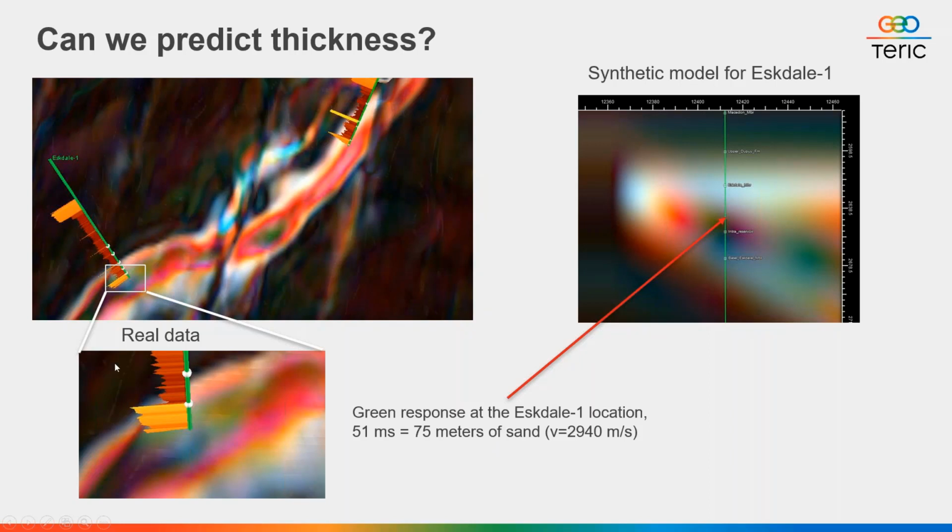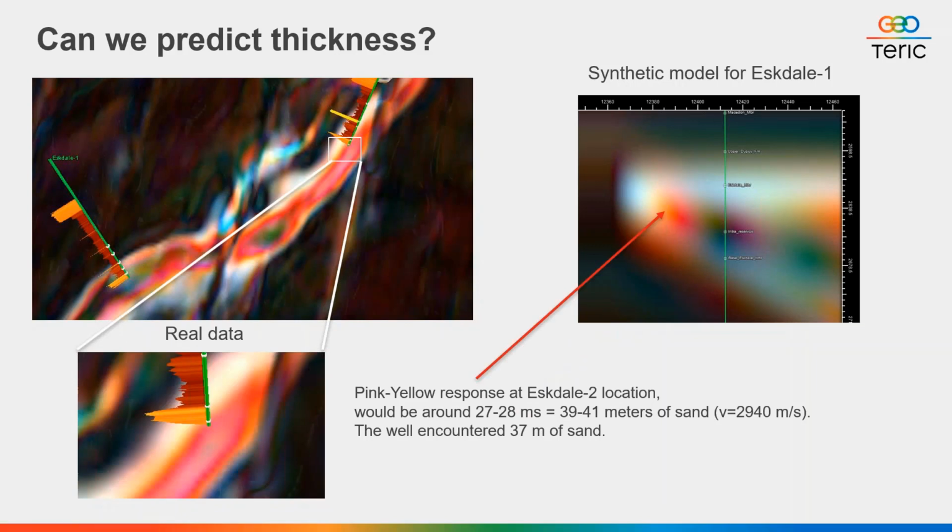So now if we know that particular thickness, can we predict and estimate what sort of thicknesses we will have in different places of the channel? And I think the answer is, yeah, probably we can. So if we look at Esdale-2 here, where the well is drilled on this sort of pink, but very much on the edge of the pink response, very close to the yellow response.